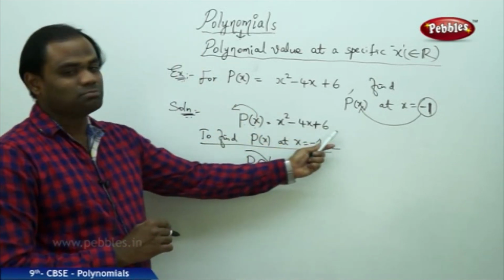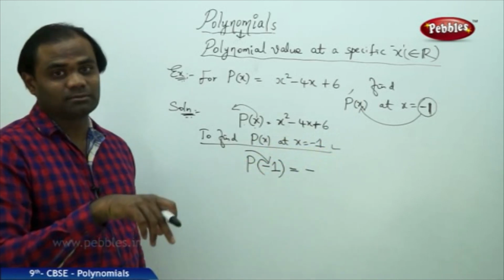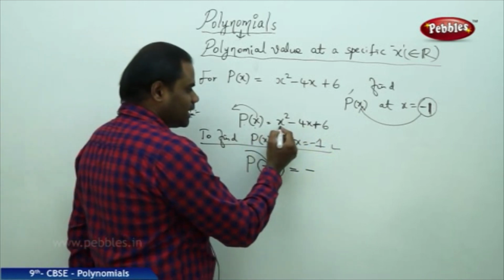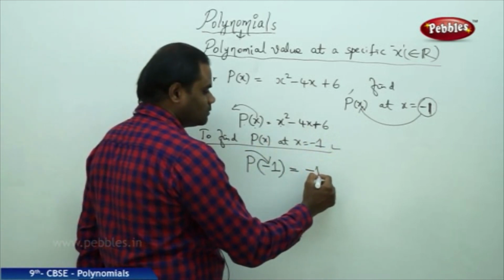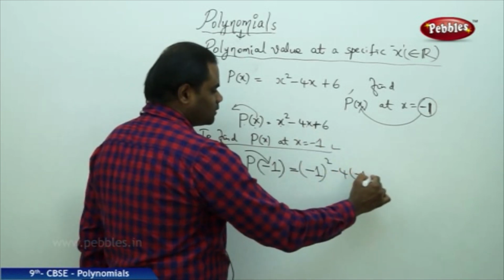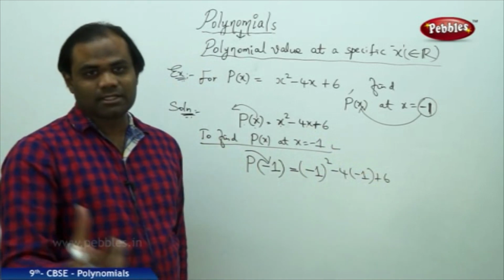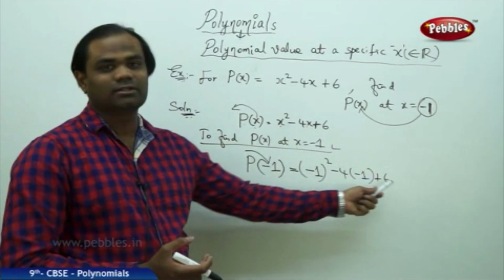Similarly, each x is moved out on the right side and each minus 1 is moved in, in the respective places. Therefore, at x I get minus 1 whole square. At x here I get minus 1, and plus 6. So each x is being replaced with minus 1.